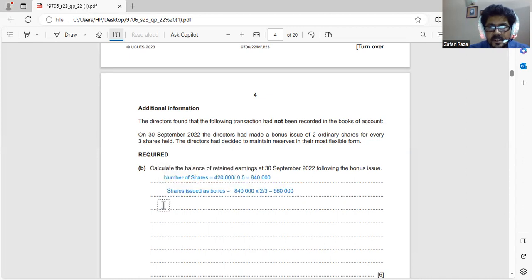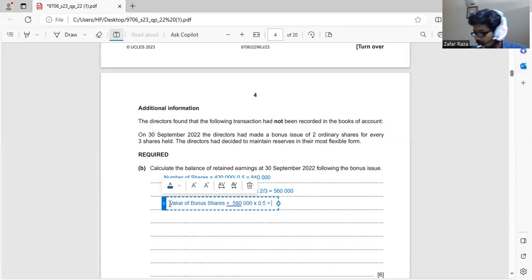So the value of bonus shares is equal to 560,000 multiplied by 0.5. That would make it $280,000.